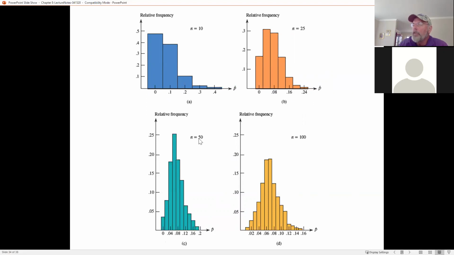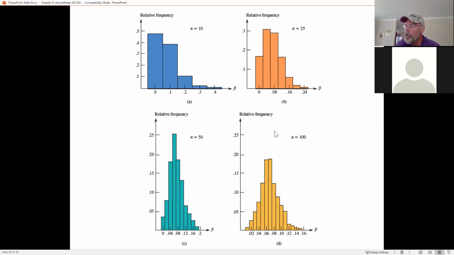And if we come down to a sample size of 50 and a sample size of 100, we can see that at 50, we still have some sense of skewness, but it is very much more symmetrical than the ones on the top.